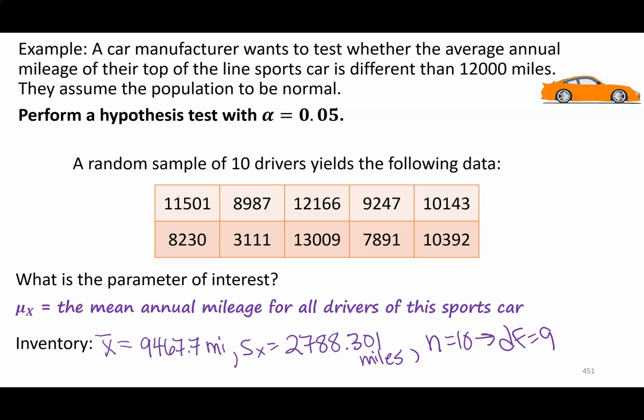And I did not leave a lot of space here. The other thing we want to write, mu naught, the claimed value, is going to be 12,000 miles. So that would be my inventory. And you can put the standard error, where you take the sample standard deviation and divide by the square root of n. It will be the same in this scenario.